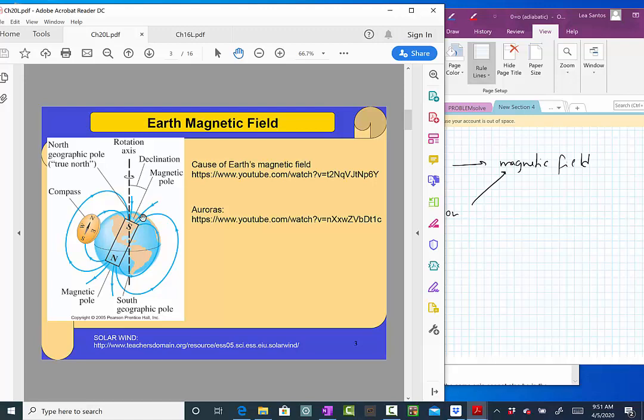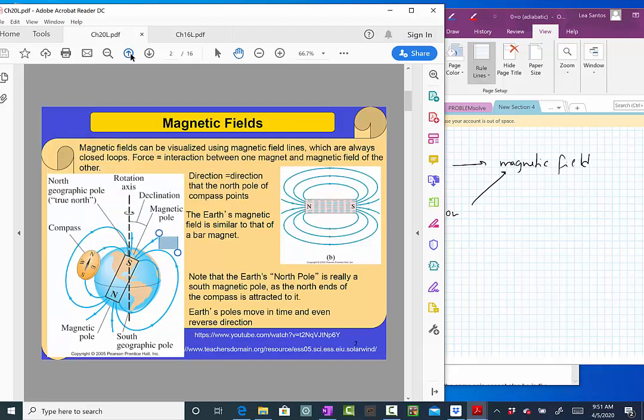The color of the aurora depends on the elements that are being excited there in the atmosphere. Okay, so these topics are beautiful. I'm not going to give you many more details, but I put some sites here, and I hope you're going to watch. Now, this site here is explaining to us about the origin of the magnetic field around Earth.